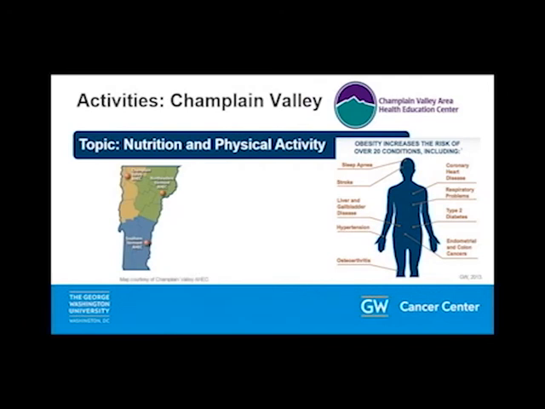So let's look at the roundtable in Vermont. And the attendees there renamed their roundtable as the Champlain Valley Healthy Lifestyle Collaborative. And as the name suggests, this roundtable chose nutrition and physical activity as a topic, and their region is highlighted in yellow on the map.